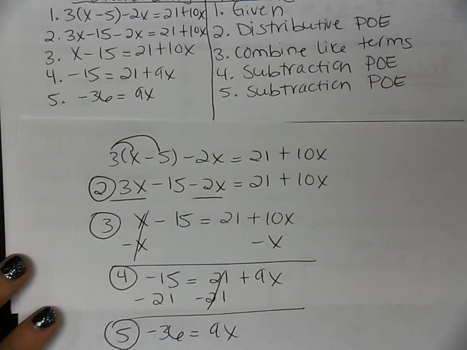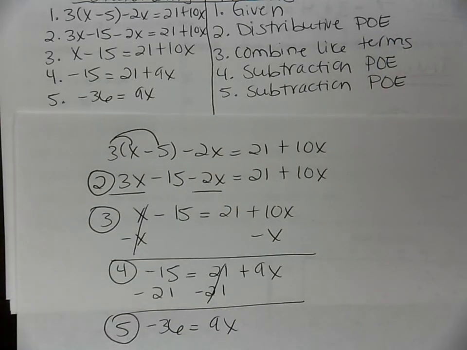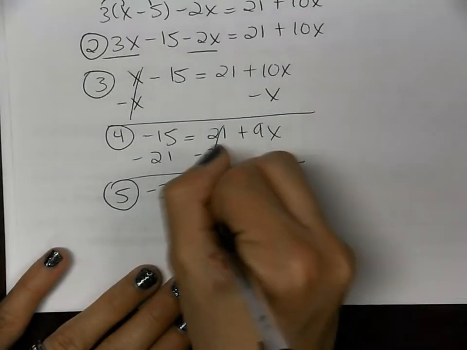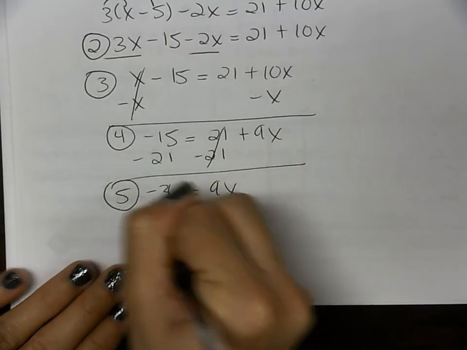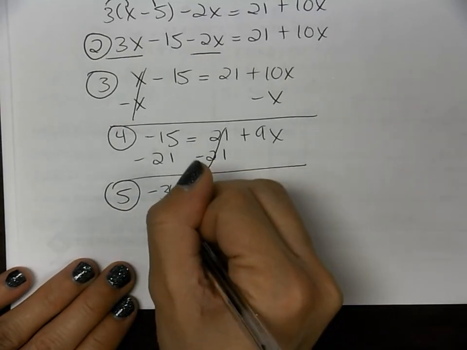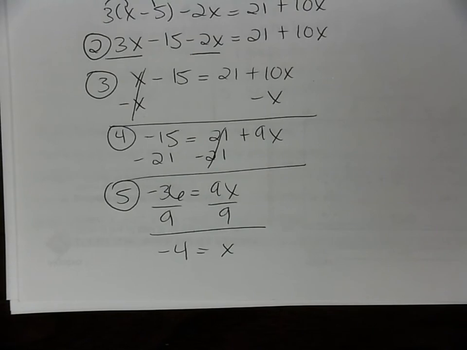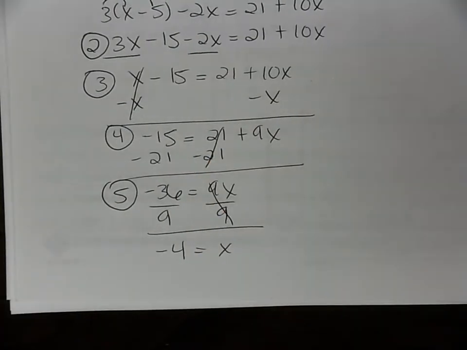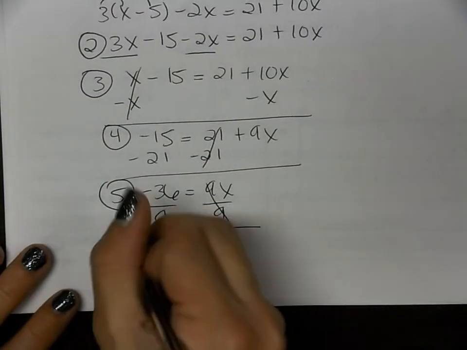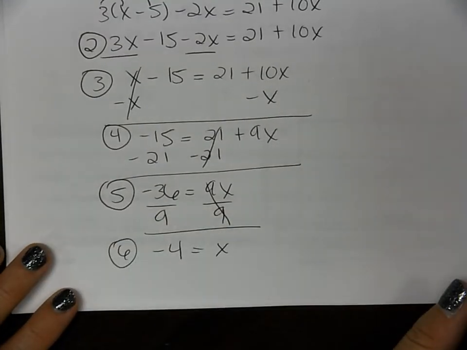Okay. What is my last step? What's my last thing to do to solve for x? We'll divide both sides by the 9. Awesome. So let's see here. Negative 36 divided by 9 is negative 4. And you should have the 9's cancel on this side. Okay. This is my last statement.